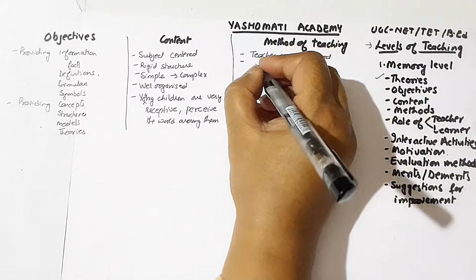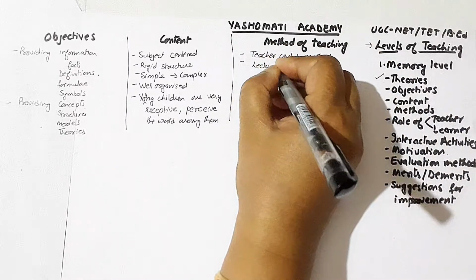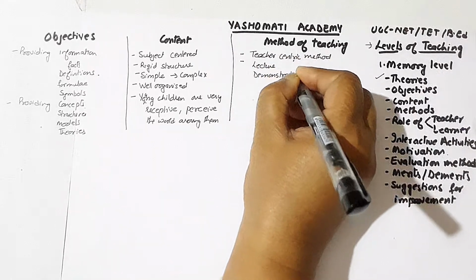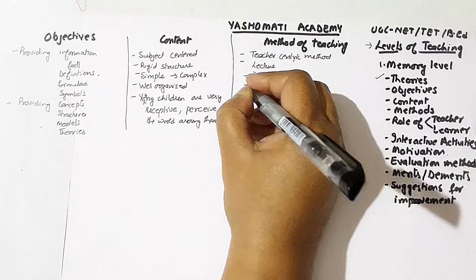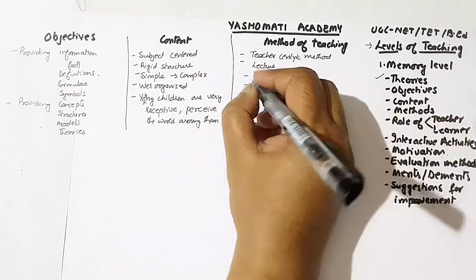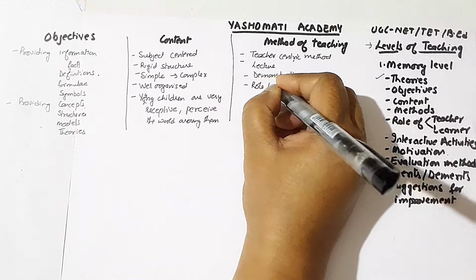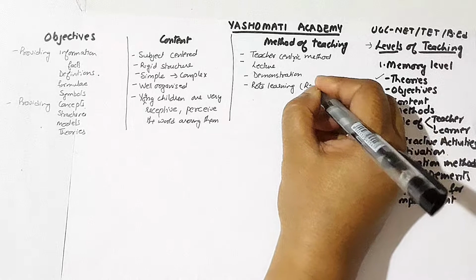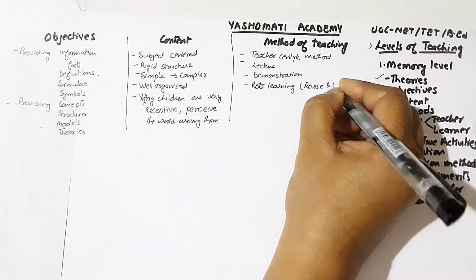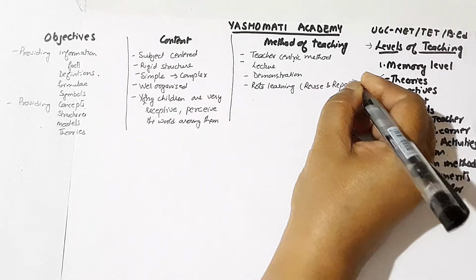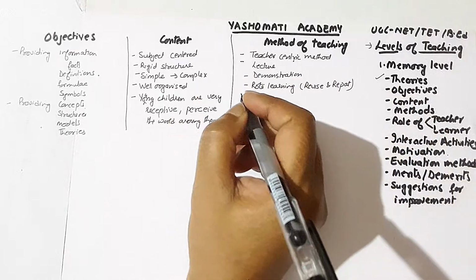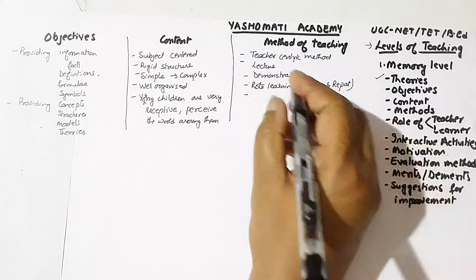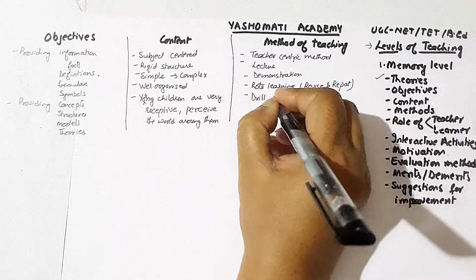So teacher centric methods means lecture method or demonstration, and a very commonly used method is rote learning. Rote learning is based on revise and repeat. In case of passive learning, drill work is very important.